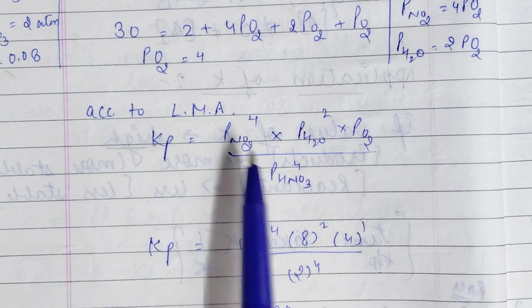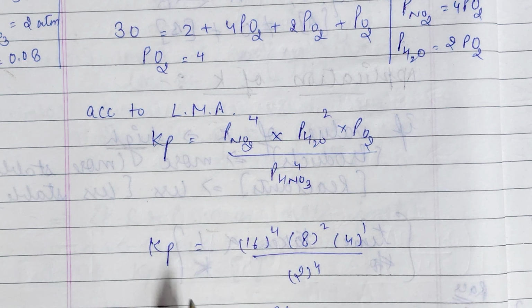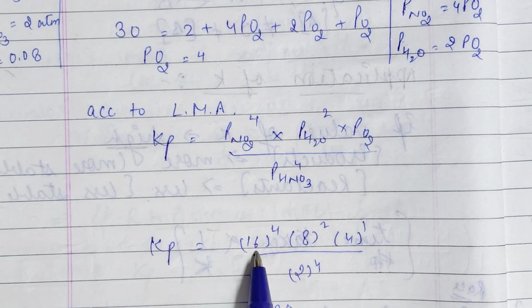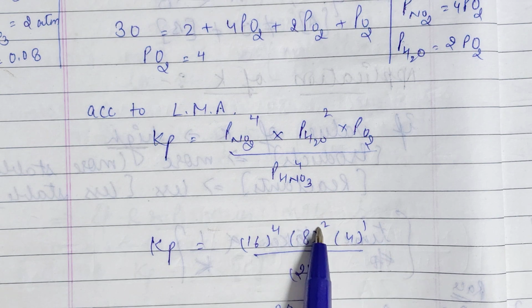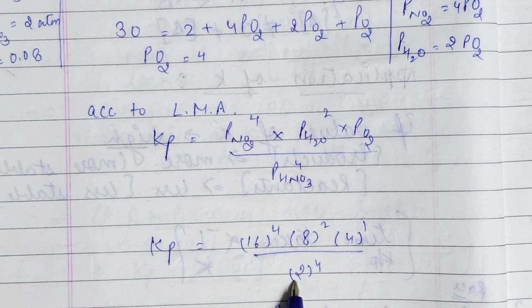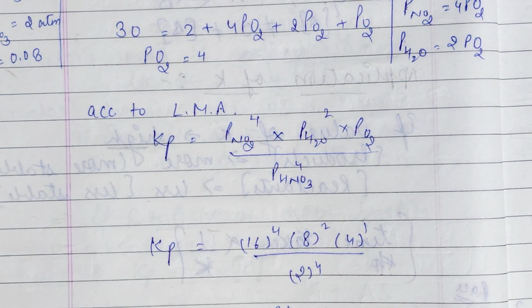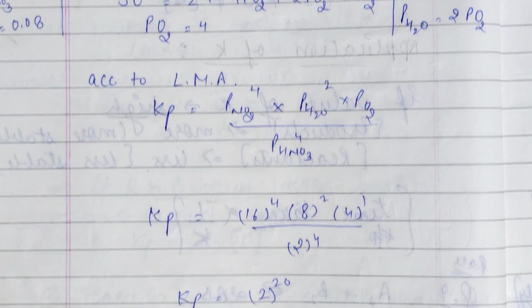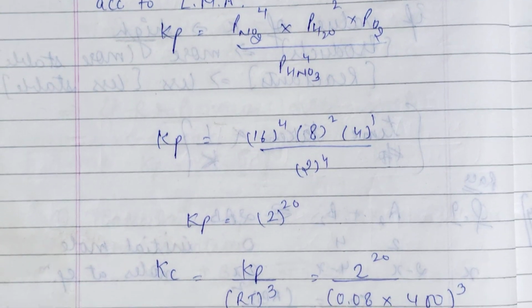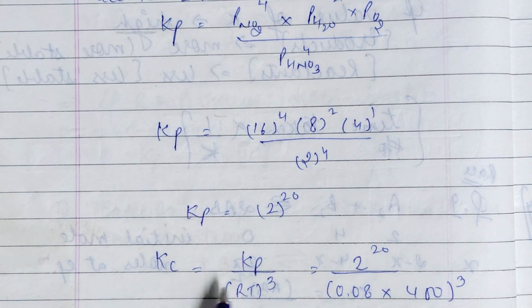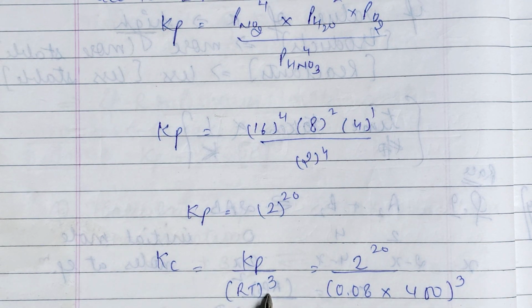So replacing the values, we get Kp equals 16 power 4, 8 power 2, and 4 power 1 upon 2 power 4. After simplifying, we get 2 power 20. So Kp is 2 power 20, and Kc is Kp upon RT power 3, because here delta n is 3.